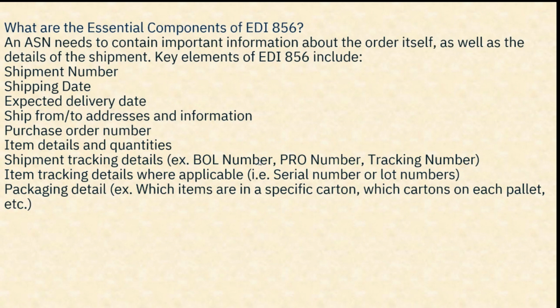Then purchase order number, then item details and quantities. After that shipment tracking details, for example BOL number, pro number, tracking number, and item tracking details where applicable, that is serial numbers or lot numbers. Then packaging details, for example which items are in a specific carton, which cartons are on each pallet, etc.